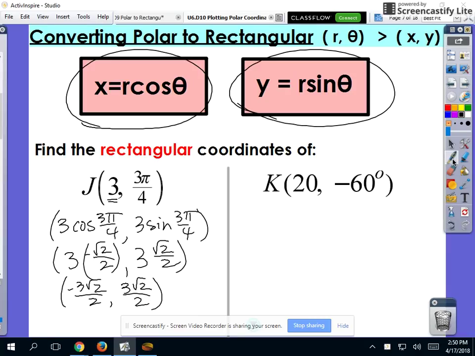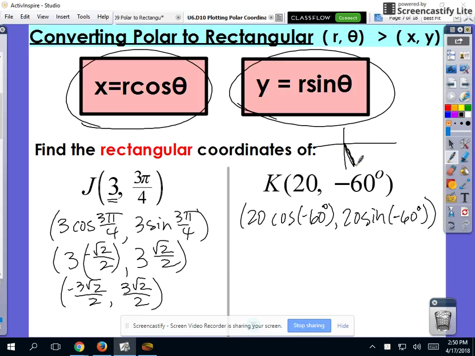You can do the same thing in degrees. So we would have 20 cosine negative 60 degrees, and we have 20 sine negative 60 degrees. All right, so negative 60, remember, is down this way. That's similar to what happens when we're around the unit circle at 5 pi over 3.